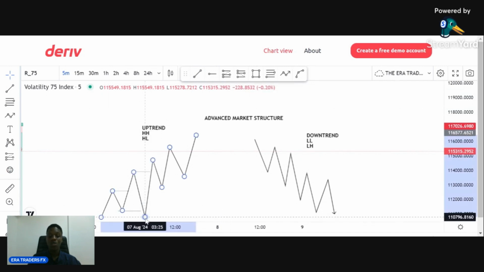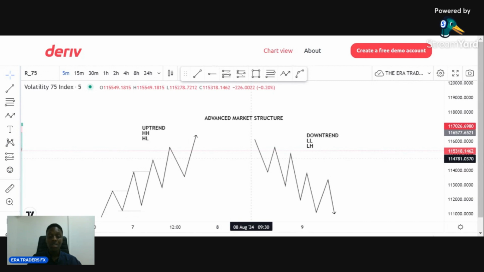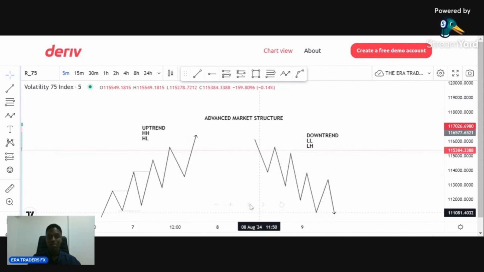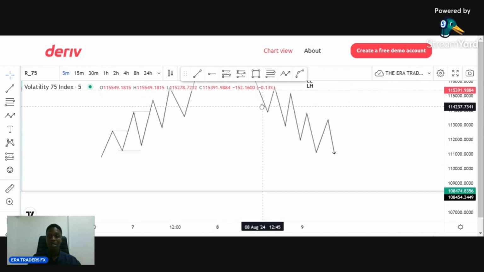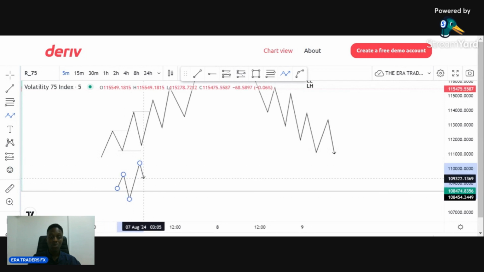So for you to confirm that this low is a strong low, the market must sweep liquidity before moving up. For example, the market should do something like this for an uptrend. Before we can say this low is a strong low, you must see a sweep of liquidity before the break of structure.